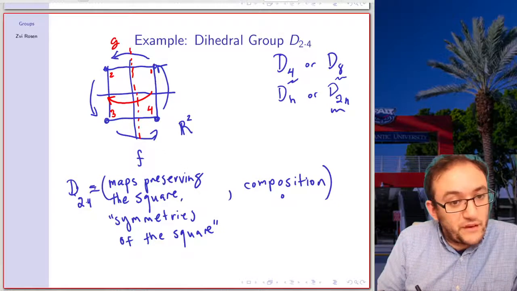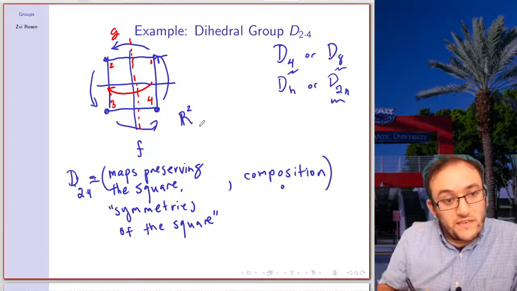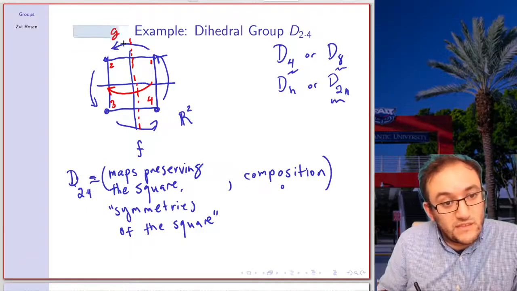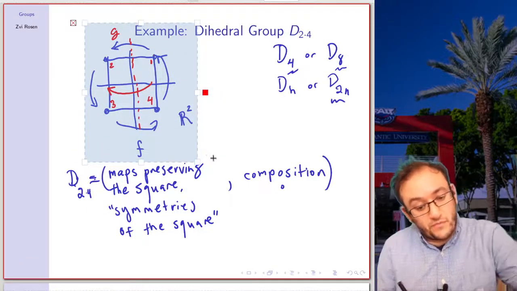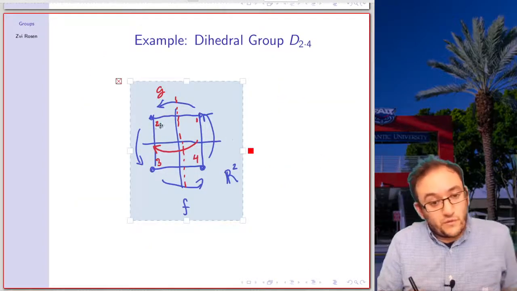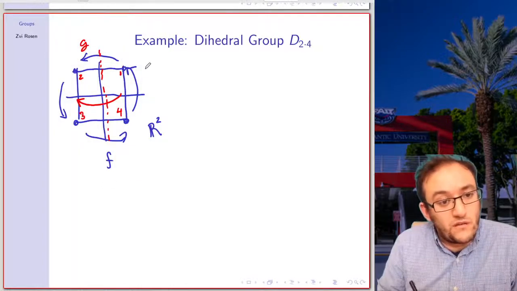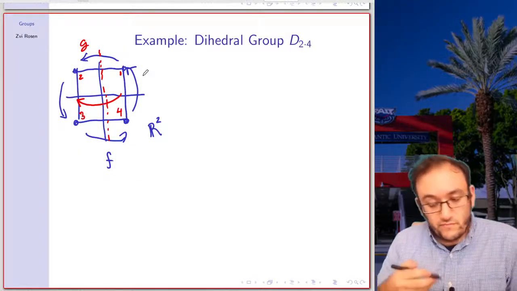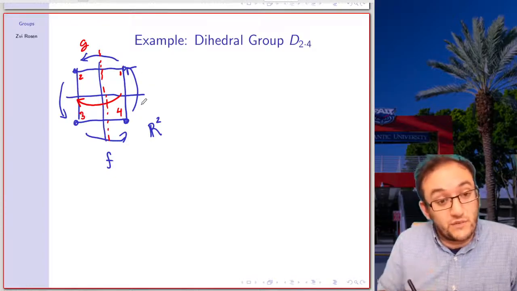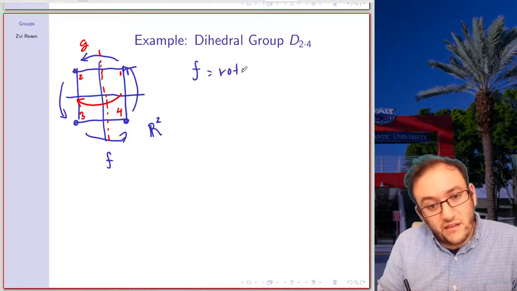So let's think about what happens with these operations as we apply them. I want to consider how F acts on composition with itself and with G. So if we do F once, that's rotation by 90 degrees counterclockwise.